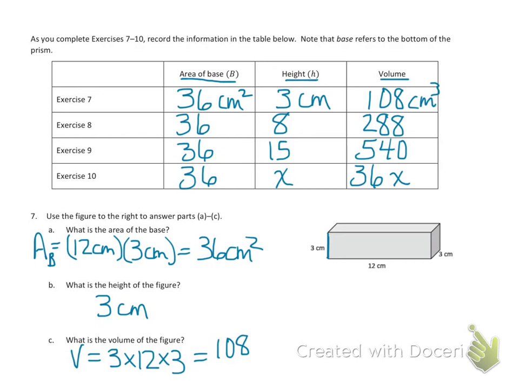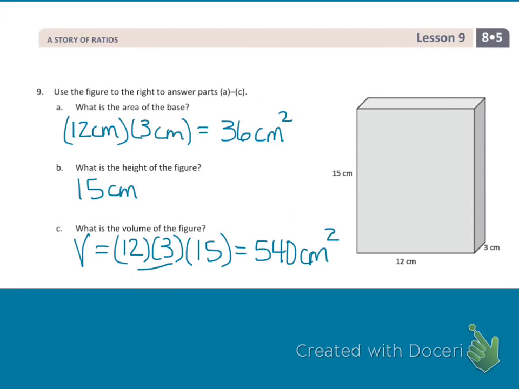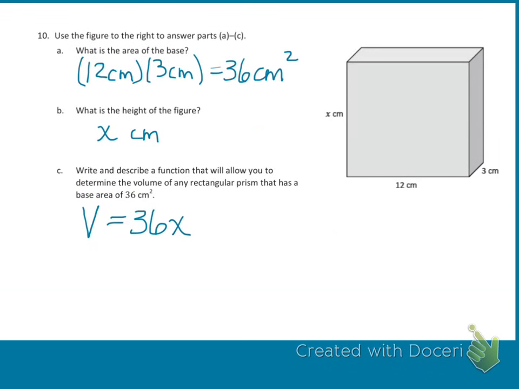But we can see that each time we did this, we were essentially multiplying by the 36 first. So here's the 36 right here, and in this one, there's the 36 and 36. So we've been doing it every time.